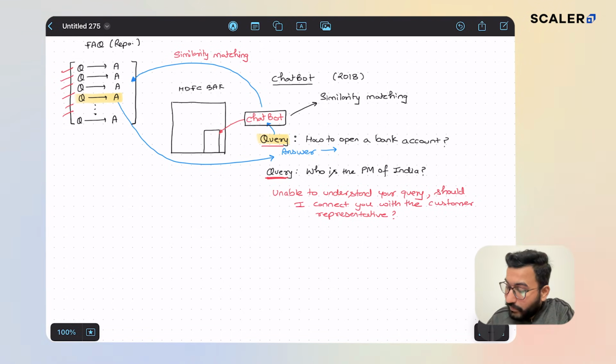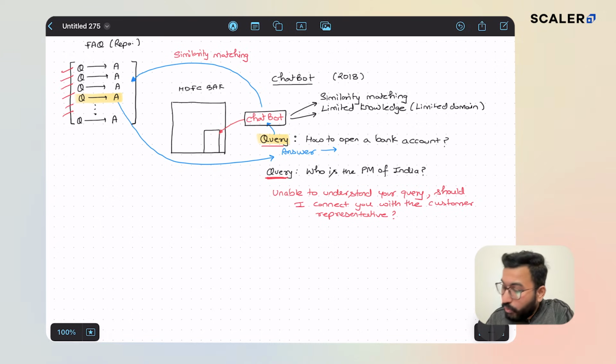The second thing which they were limited with is their domain knowledge. So these chatbots were designed with limited knowledge to function in a limited domain.